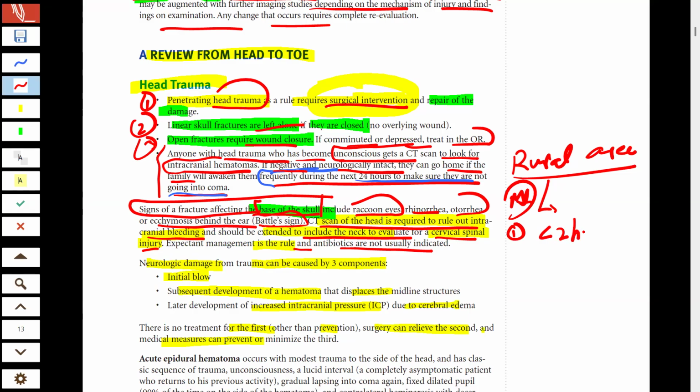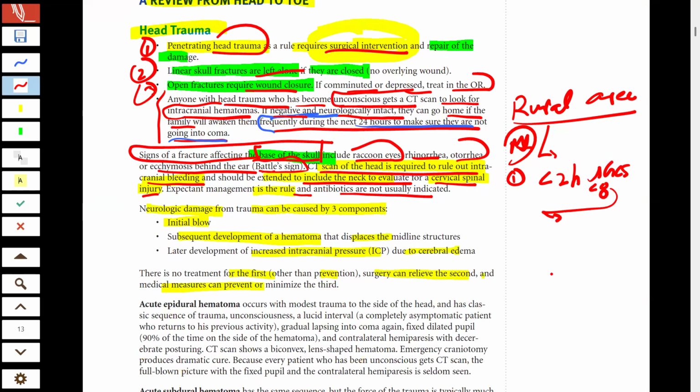and GCS is less than 8, so what will you do at this point? GCS is low, so you will transfer the patient to the tertiary hospital by air ambulance.